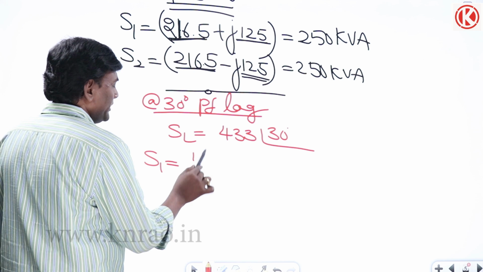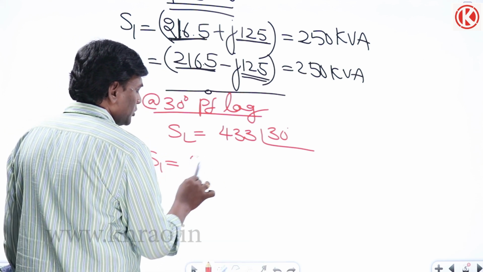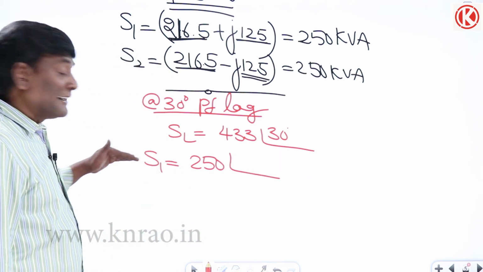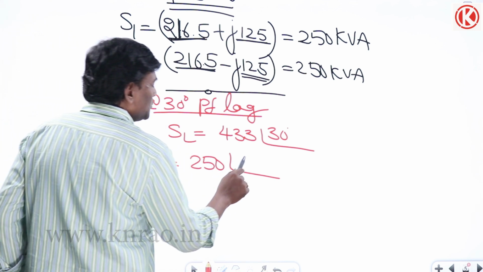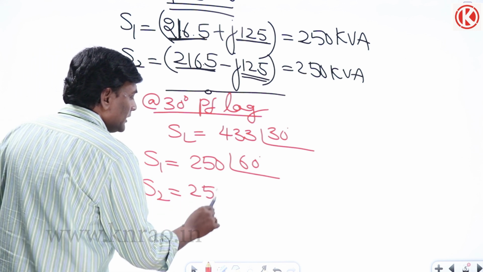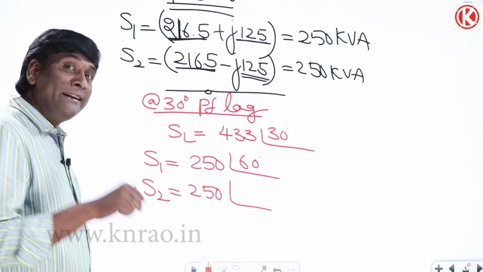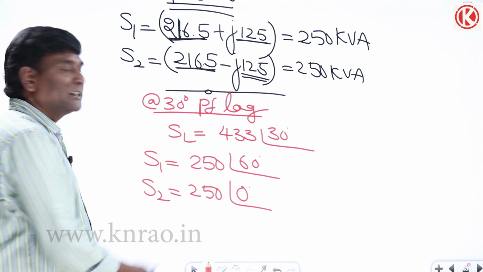S1 is going to be 433 by root 3, which is nothing but 250, because each transformer is operating at full load. 250 at an angle, lagging, if I consider 30 plus pi, so 30 plus 30 is going to be 60. S2 is going to be 30 minus pi, leading. So 30 minus pi equals 30 degrees only, no?